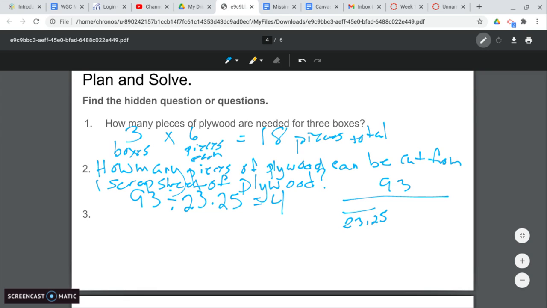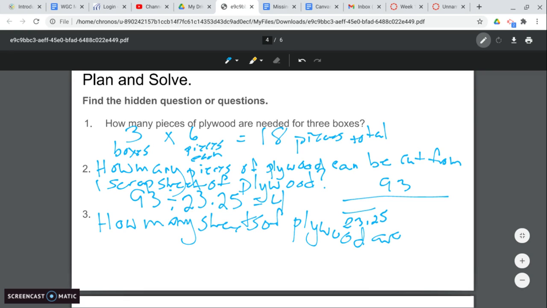So last question, what's the last hidden question we need to answer? Well, how many sheets of plywood are needed for 3 boxes?